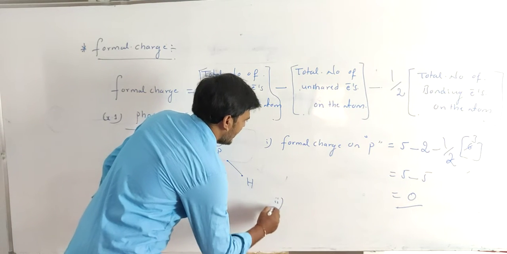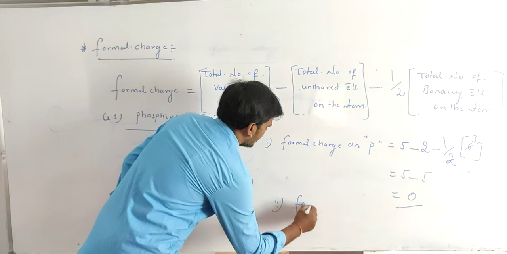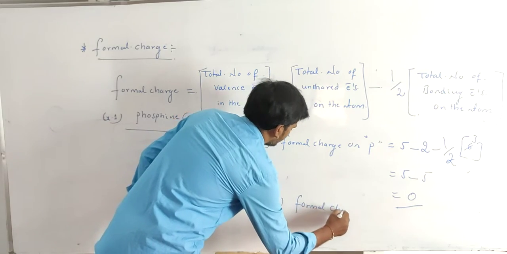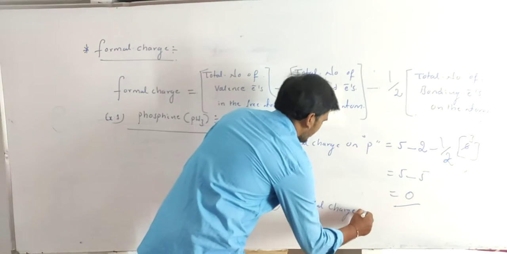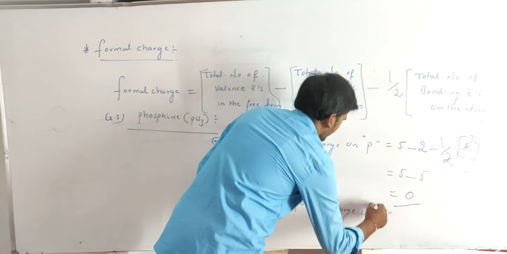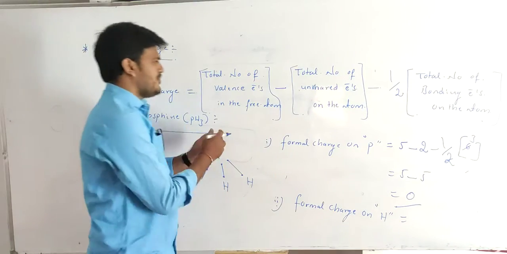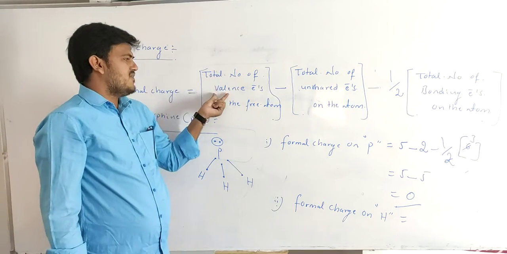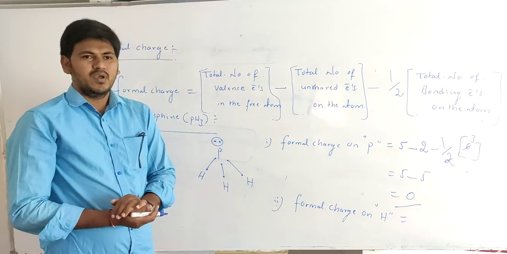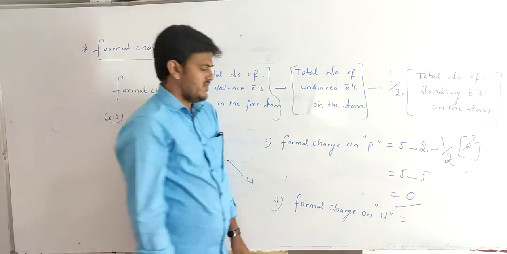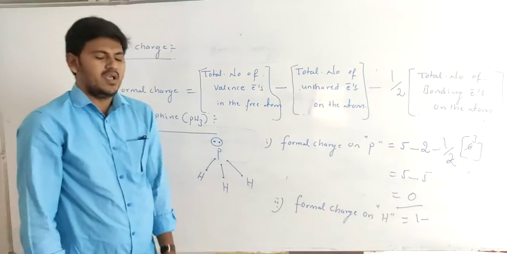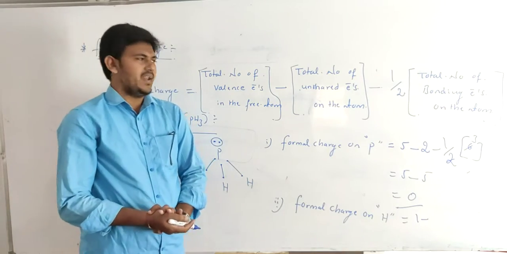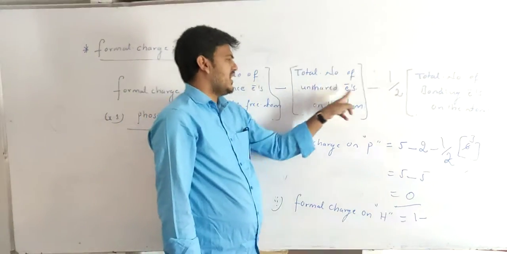Formal charge on the hydrogen atom, very simple. Same principle. First of all, total number of valence electrons in the free atom. The free atom here is hydrogen. Hydrogen is a first group element, so valence electrons are only 1. Minus total number of unshared electrons on the atom.